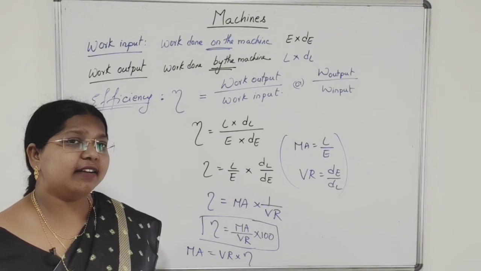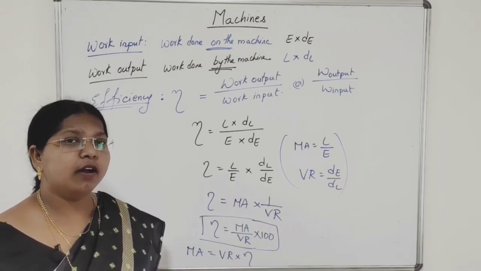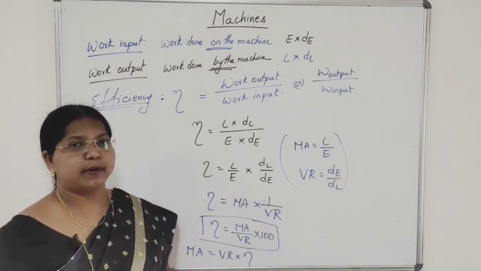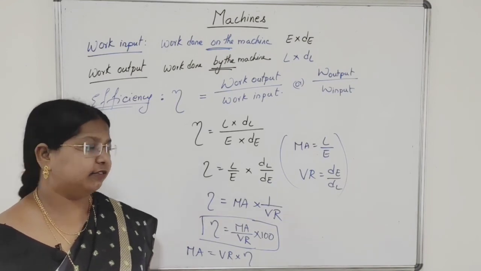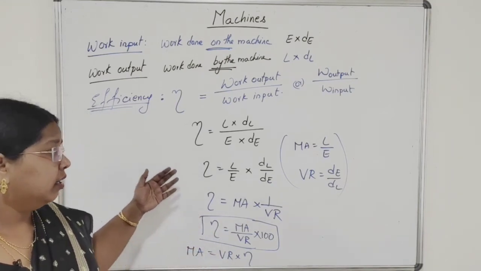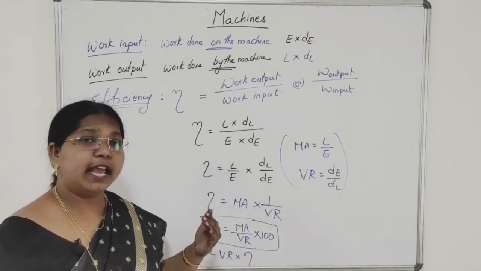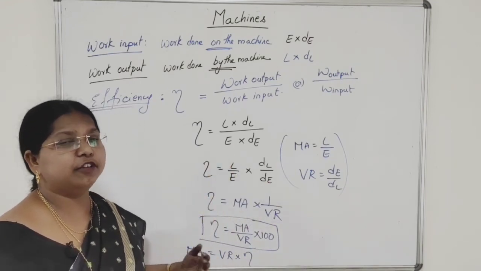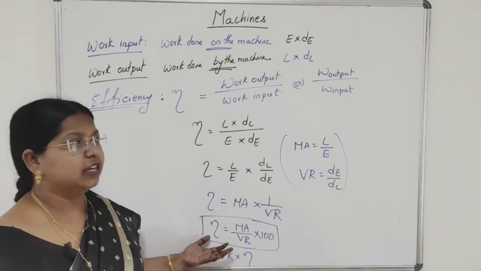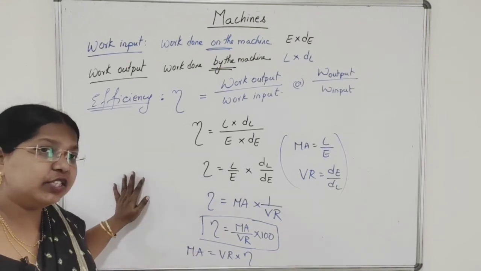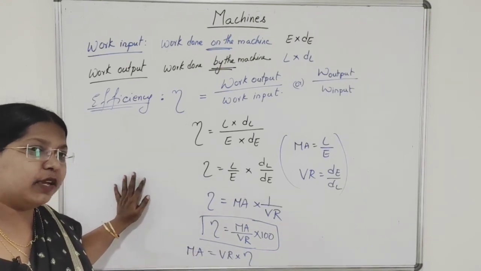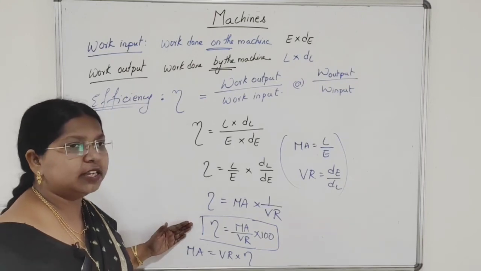Efficiency is less than 100%, or less than 1, for an actual machine, in actual practice in our daily life. So MA is equal to VR for an ideal machine. MA is always less than VR for an actual machine. So this is about efficiency, mechanical advantage, velocity ratio, and their relationship.